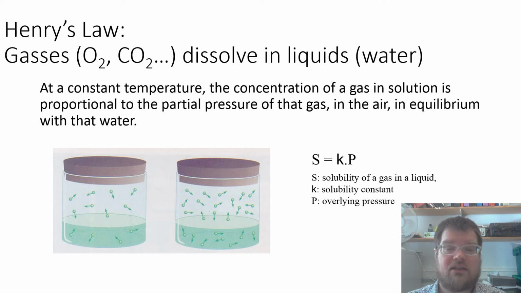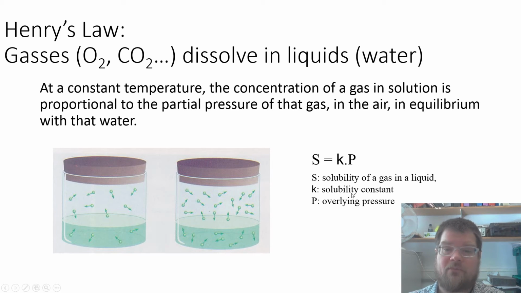So the thing to remember here is this concept called Henry's law, which is named after some guy called Henry who presumably came up with it. It says that the concentration of gas in a liquid is proportional to the concentration of the gas in the gas above it. So that relates the solubility of the gas, the concentration in maybe grams of gas per kilo of water, to this thing called the overlying partial pressure.